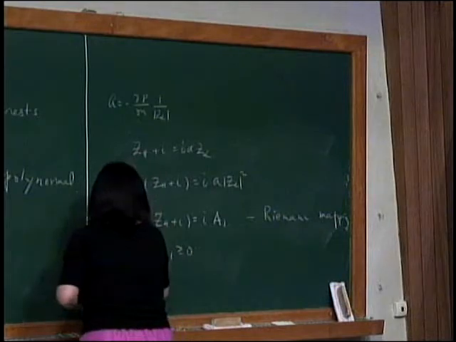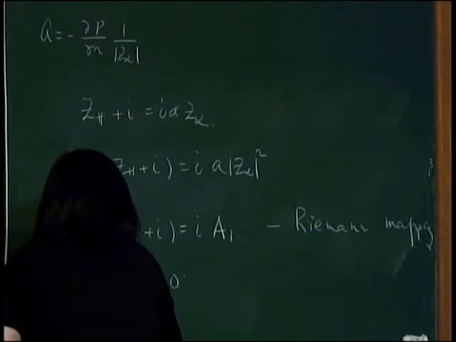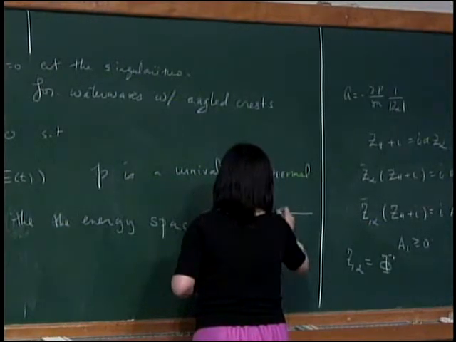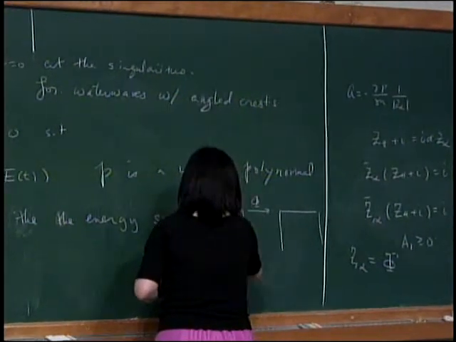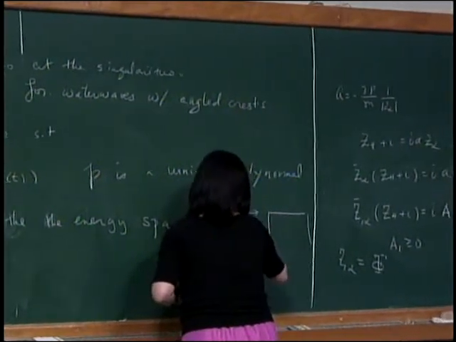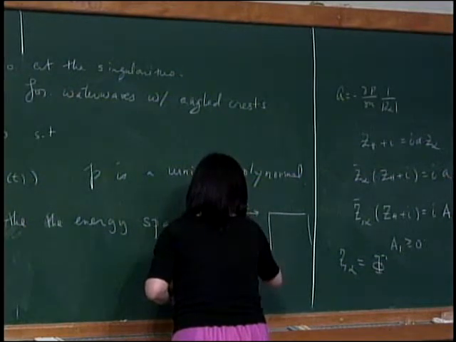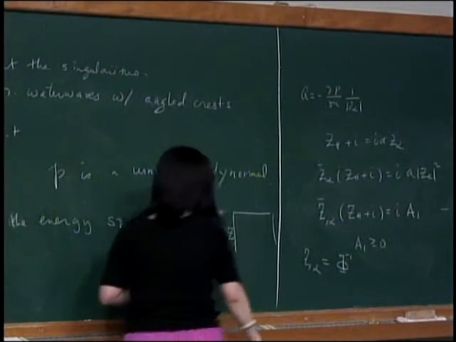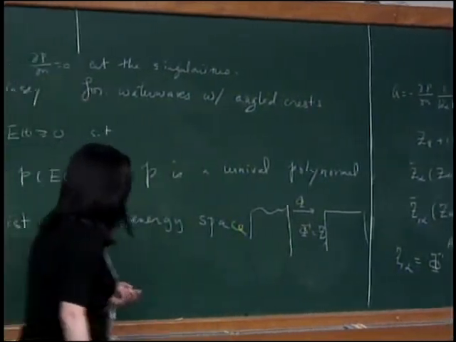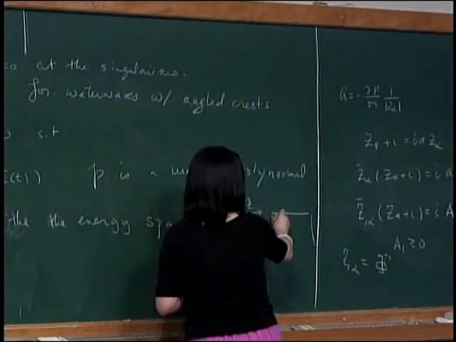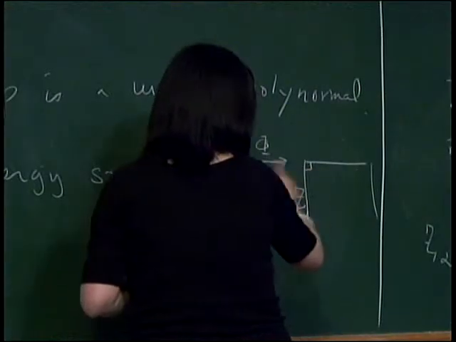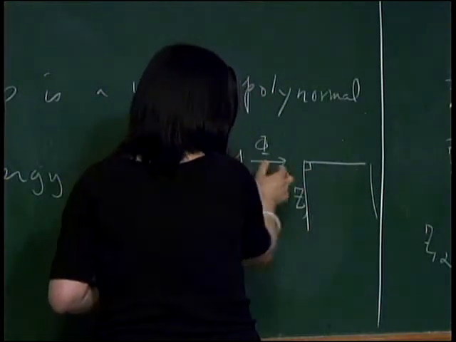Now this one, Z alpha, is really the inverse Riemann mapping. So this is your wave, and you get a Riemann mapping into flat. But the inverse Riemann mapping, capital Z, has to change the corner.